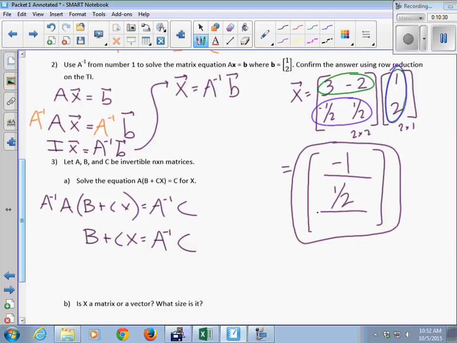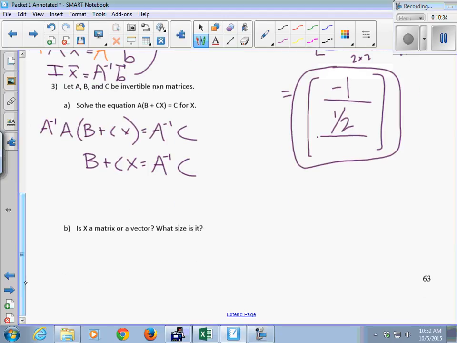If I want to get the X by itself, subtract B. And so I have CX equals A inverse C minus B. And I know that can be done because everything is n by n, right? So A inverse C would also be n by n, B is n by n, so I can subtract them.